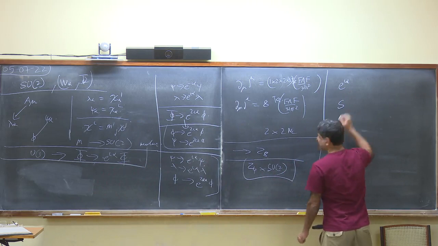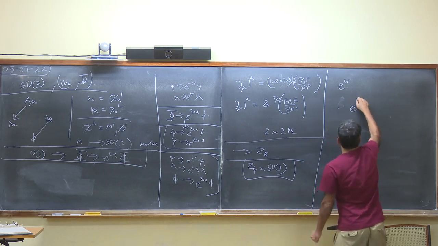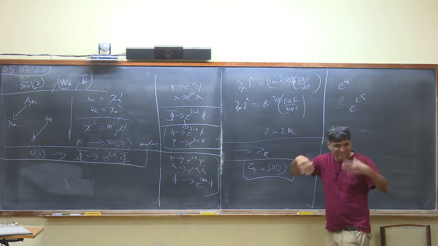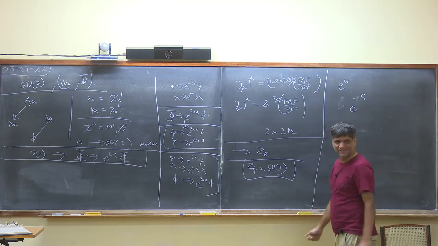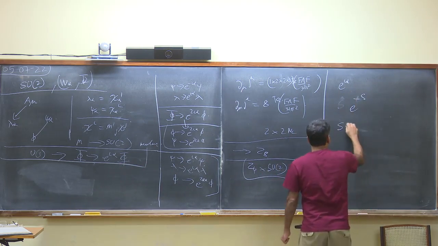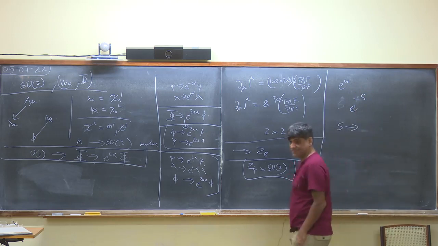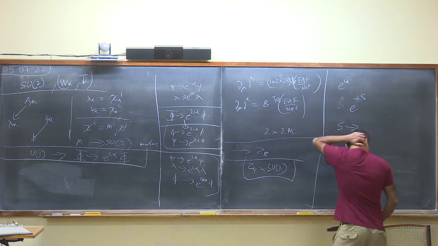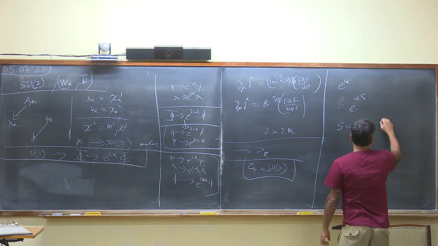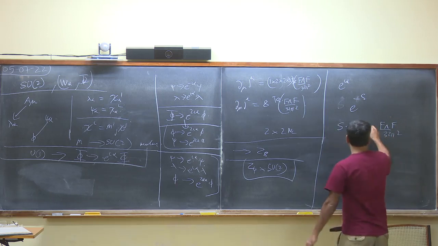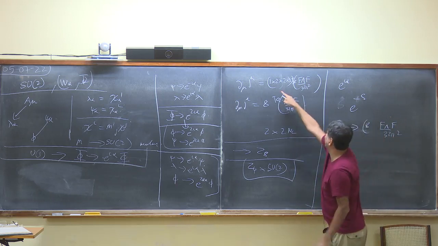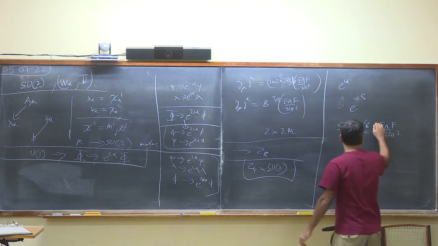It changes by the action. So the measure is e to the power is, or minus s in Euclidean space. And it changes by s goes to s plus f wedge f over 32 pi squared, times 8, that 8 was here, times alpha.